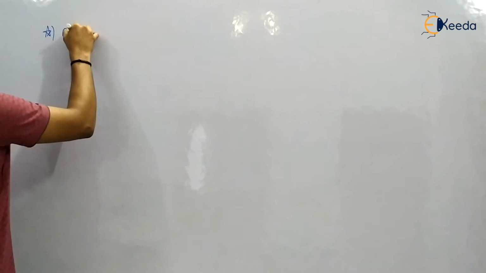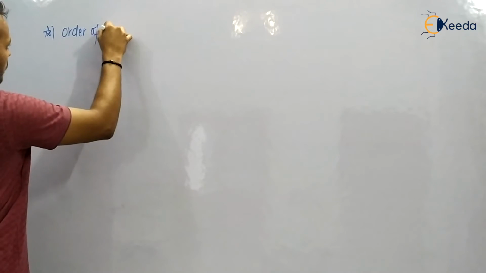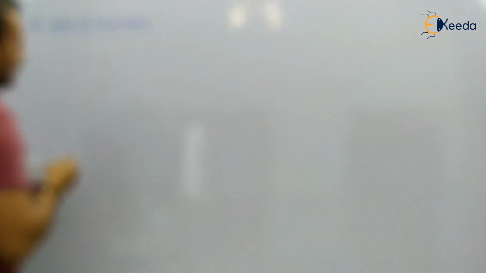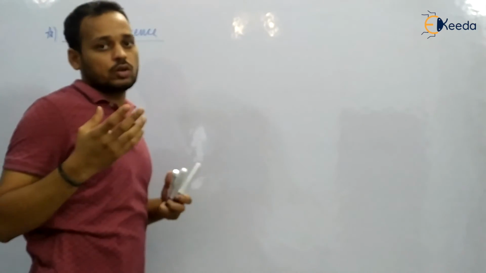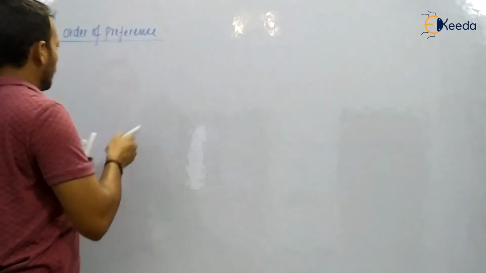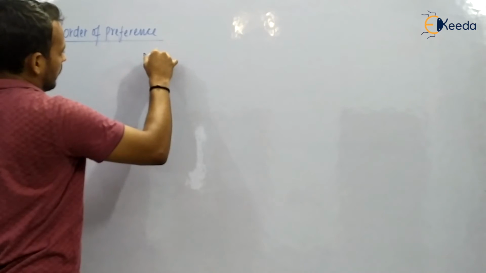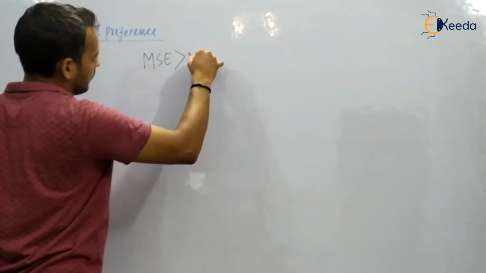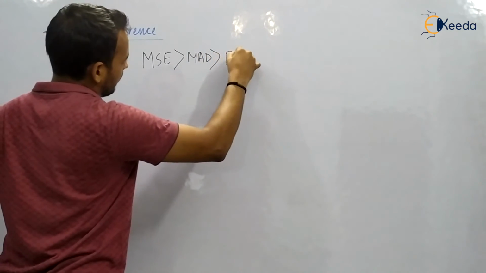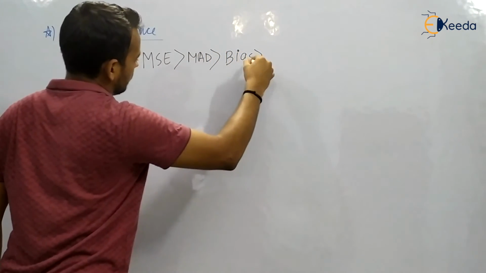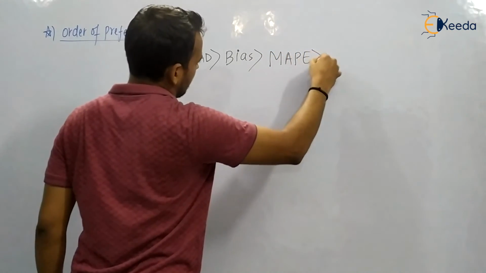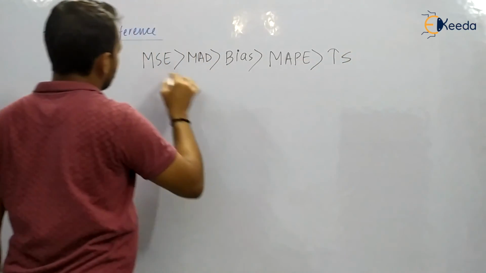Now what is the order of preference? Which error is most preferred? So the order of preference is MSE, mean square error is preferred most, then it is MAD, then bias, then MAPE, then TS.